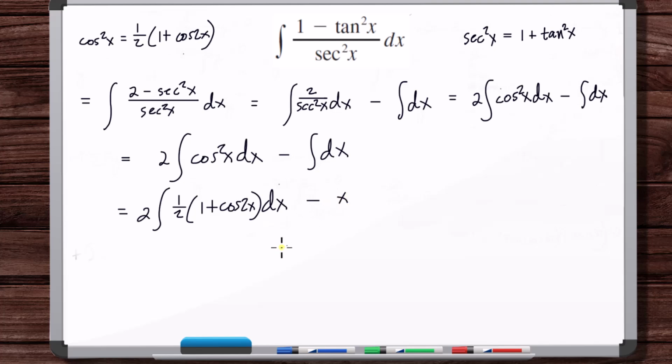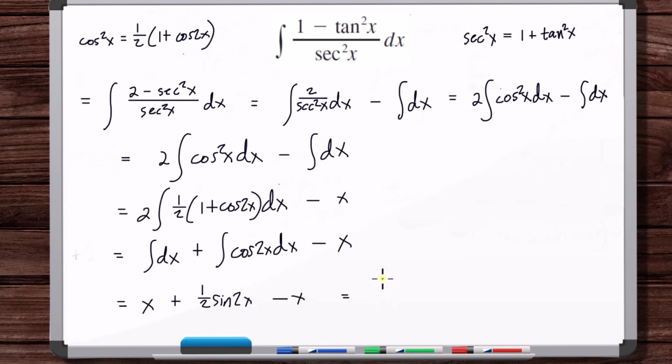And this is just x. So this is going to be the integral of dx plus the integral of cosine 2x dx. So this is x, and then 1/2 sine of 2x. So sine of 2x over 2 plus c.